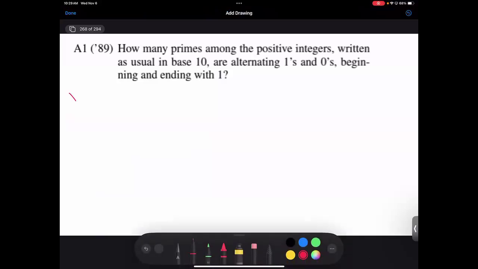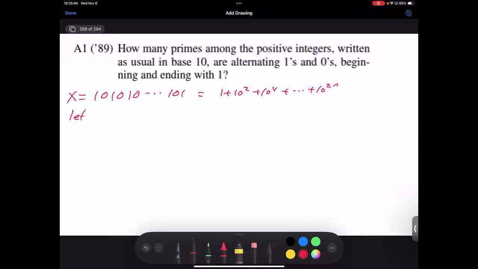So we've got x is 1 0 1 0 1 0 dot dot dot 1 0 1. And we want to write that as 1 plus 10 squared plus 10 to the 4th plus 10 to the 2n. So let's let u equal 10 squared.